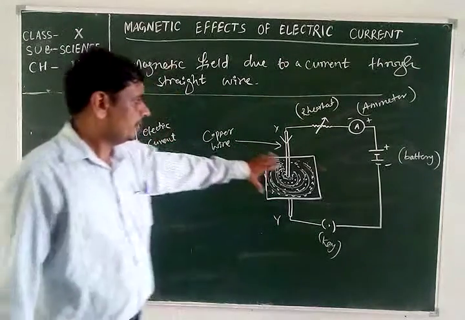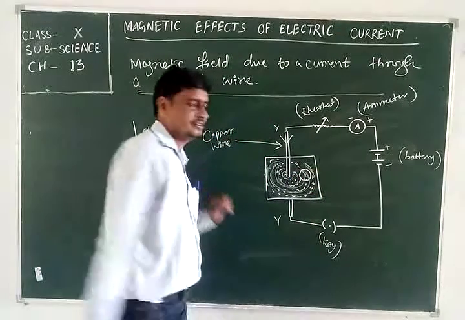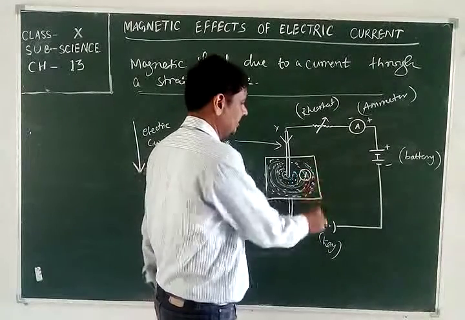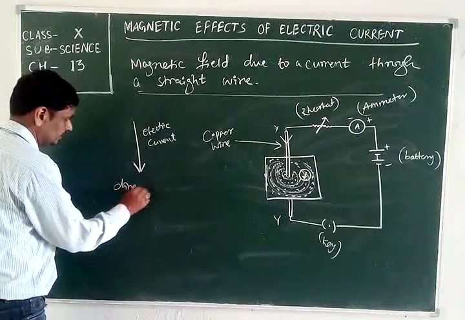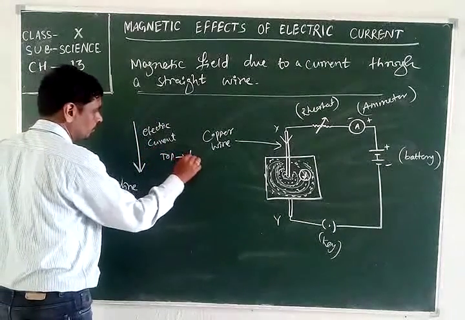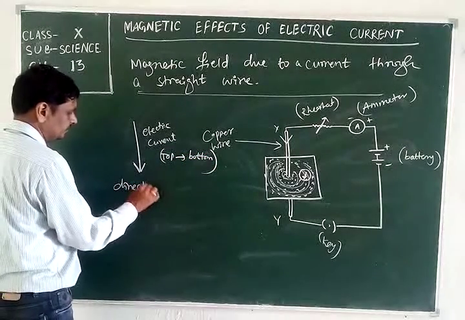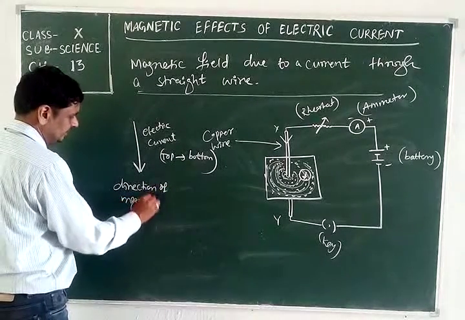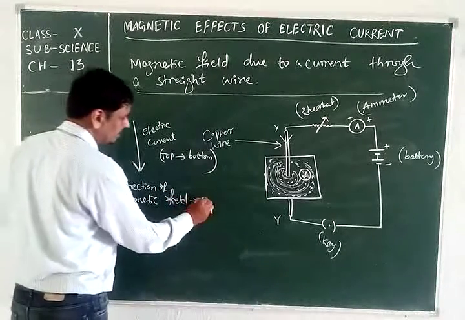The direction of field lines where it is placed will be clockwise. The direction of current is from top to bottom. The direction of magnetic field is clockwise.